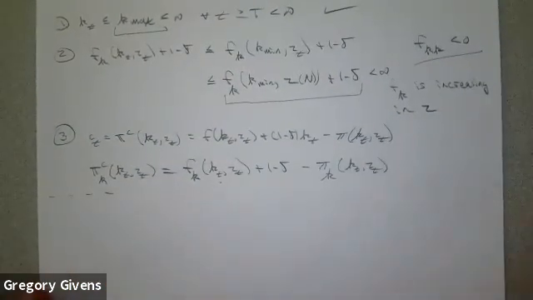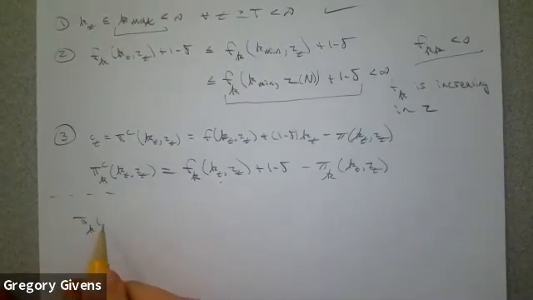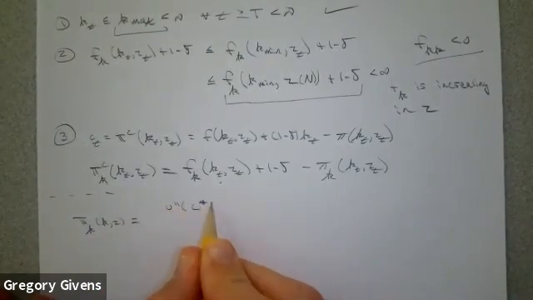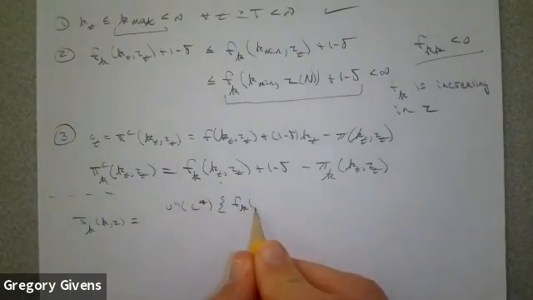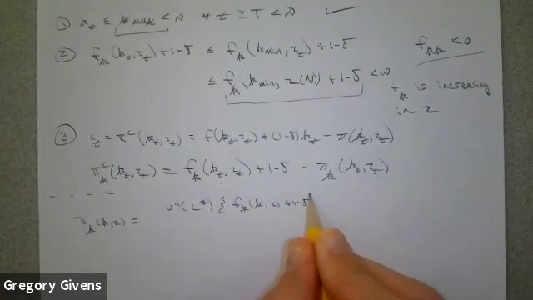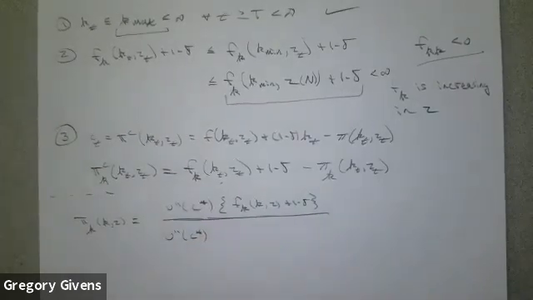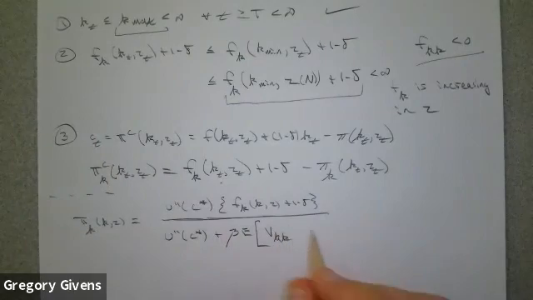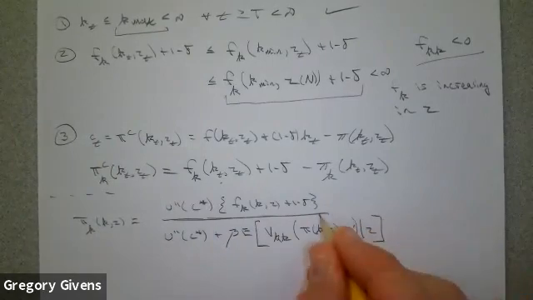In proving that pi is increasing in k, we found that pi_k was equal to u double prime of c star, and I'm just going to call this c star to indicate that it's the optimal value of c, times f_k plus 1 minus delta, divided by u double prime of c star, plus beta times the expected value of the second derivative of the value function evaluated at pi of k, z, comma z prime, conditional on z. You guys remember this result?